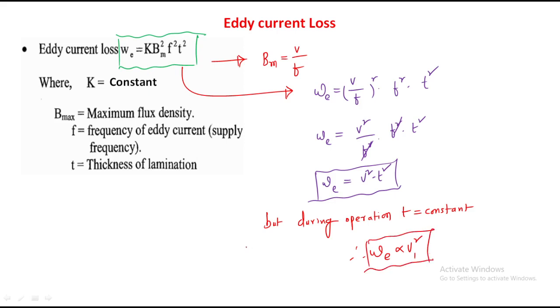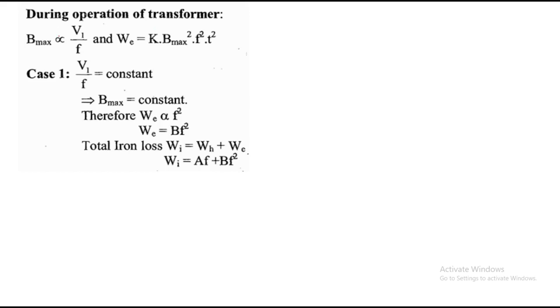Then first case: during operation of the transformer, this is the case if V by F is constant. If V by F is constant, what will happen to eddy current loss?